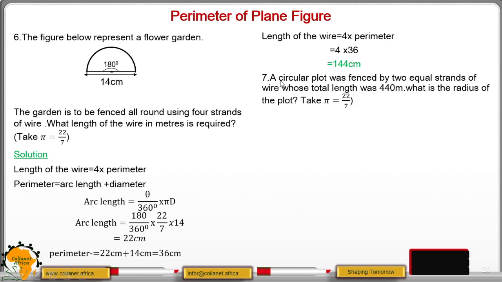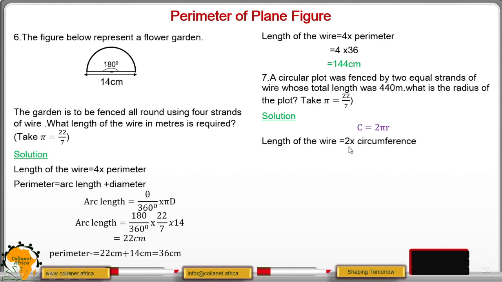Then question number 7. A circular plot was fenced by 2 equal strands of wire whose total length was 440 meters. What is the radius of the plot? And you're supposed to take pi as 22 over 7. Now in here, we are given the length of the wire. So we can get the circumference, because we are told that this wire is used to fence using 2 equal strands.